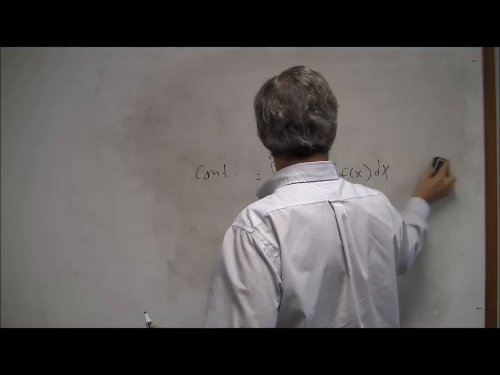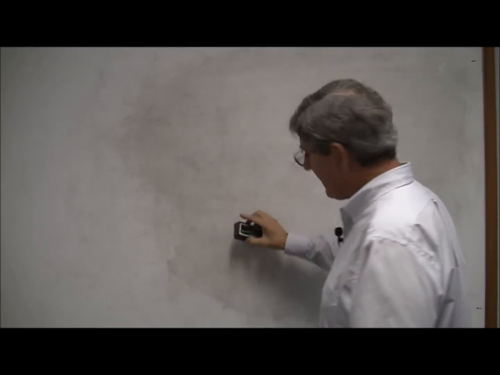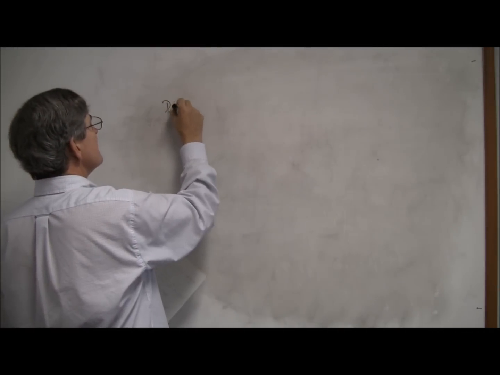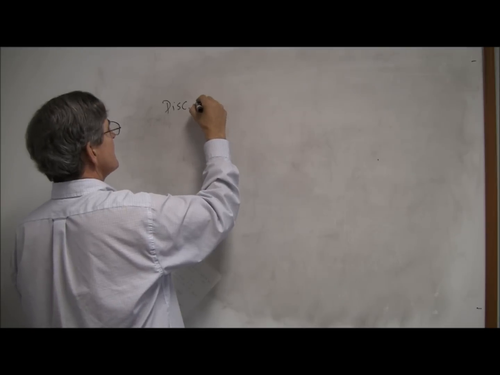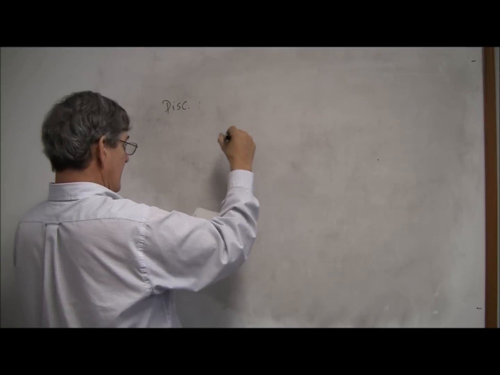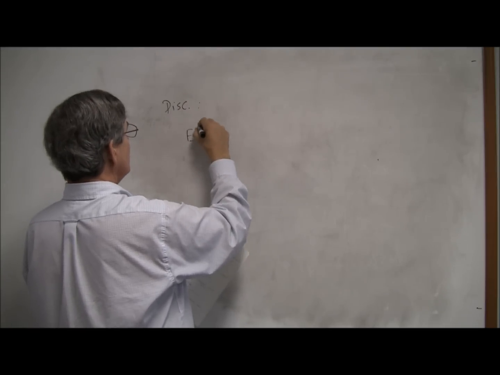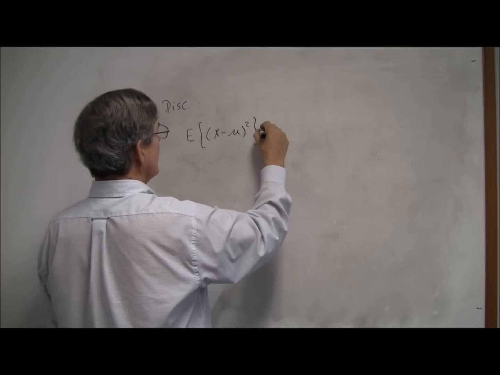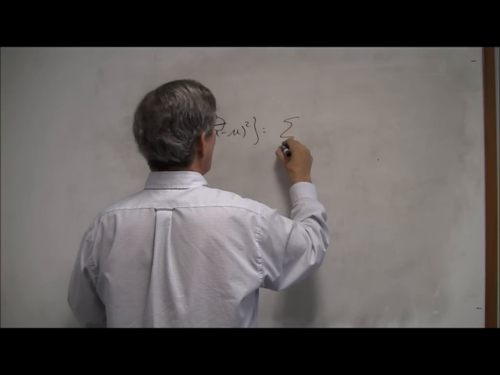For a discrete random variable, it's a little bit different. For the discrete case, it's just a discrete analog of the continuous. For a discrete random variable, the expected value of x minus the mean squared is the sum over all the outcomes.